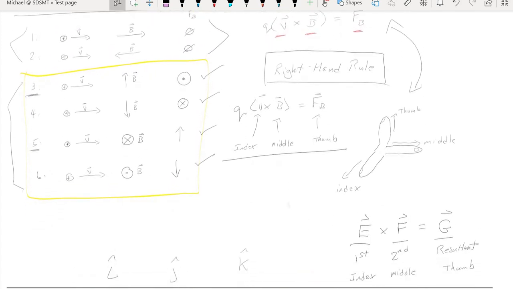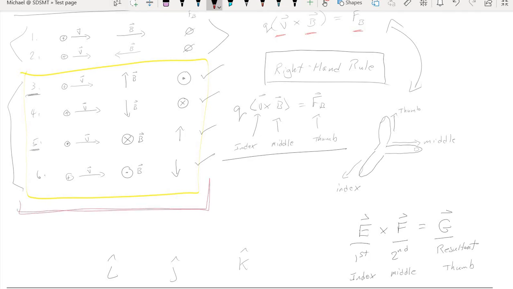But there's a lot of information here. The big one that I want you to focus on is in using the right hand rule to evaluate the directions that these forces need to be pointing. And if you note here, I did not actually establish xyz directions.